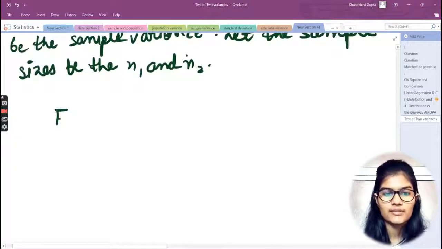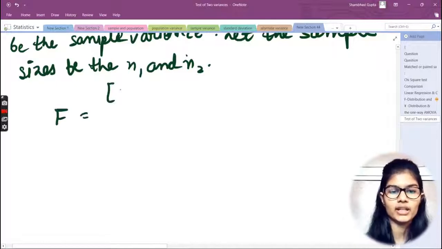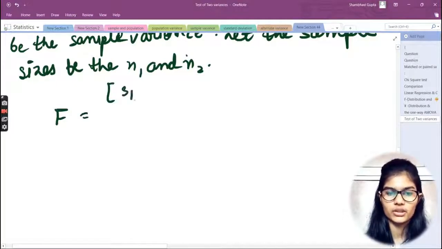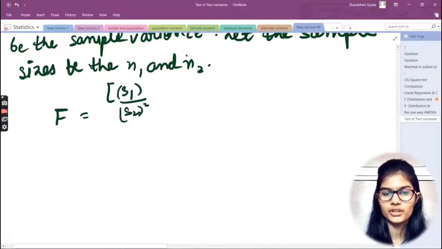So here it goes: F is equal to S1 upon S2 whole square.